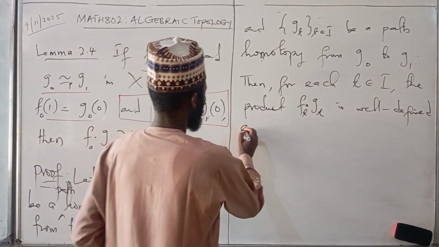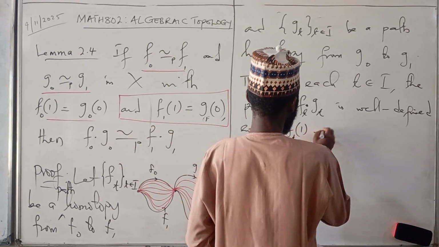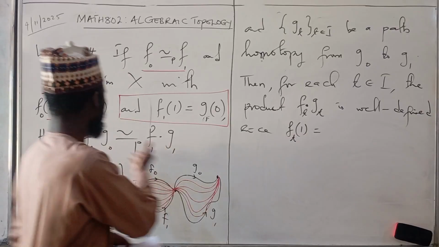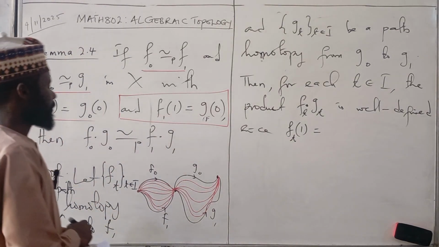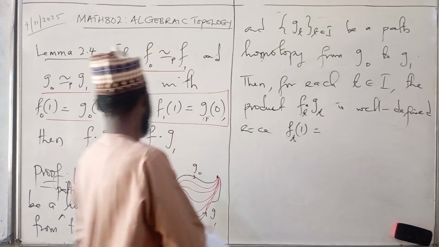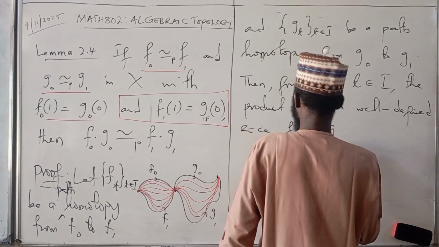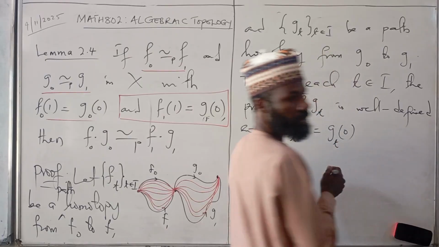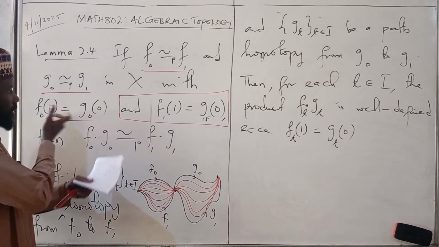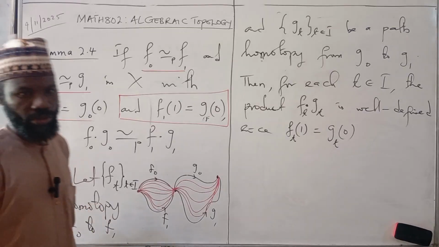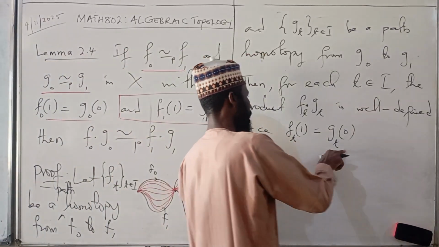Why is it well defined? Since f_t(1) is always equal to f_0(1), and also g_t(0) is always equal to g_0(0). So since these are the same, those are also the same. So this is always happening for every t.